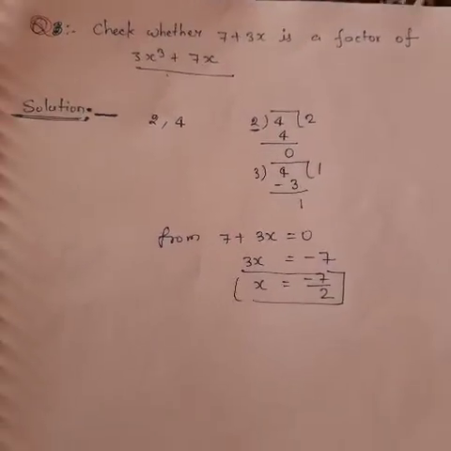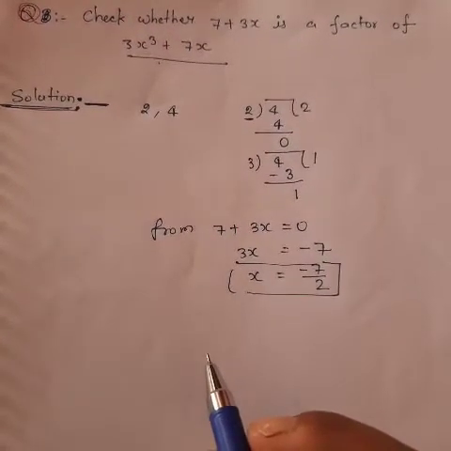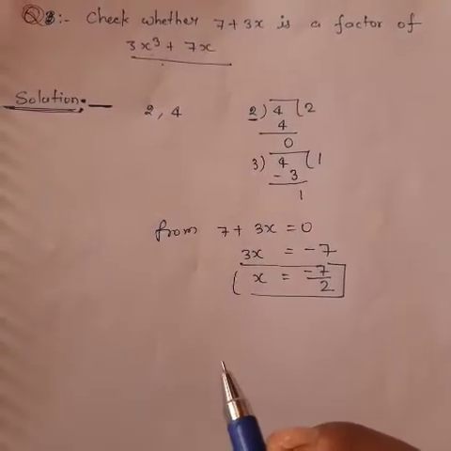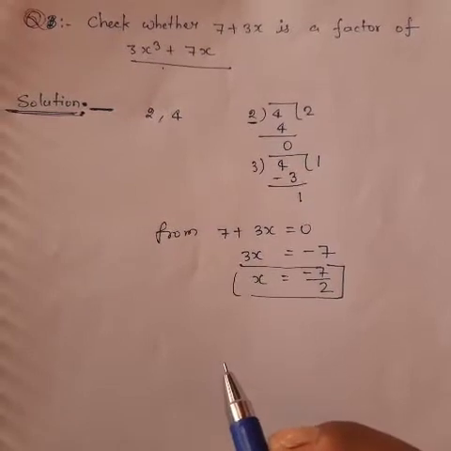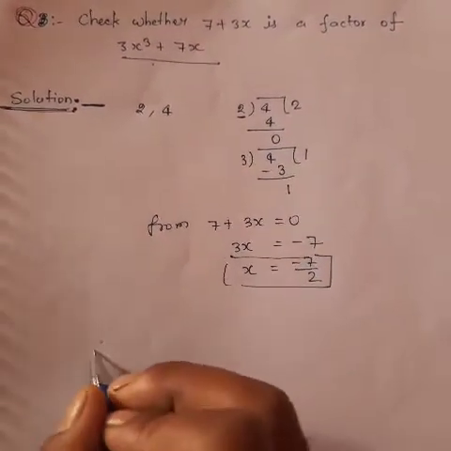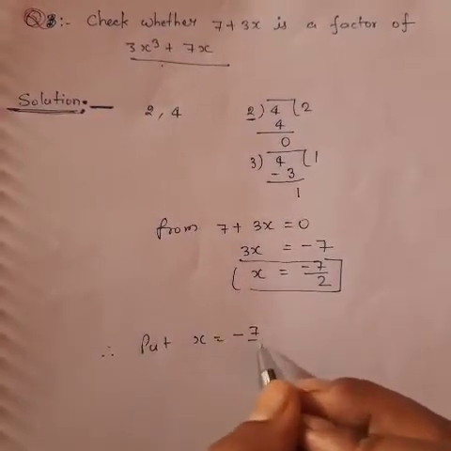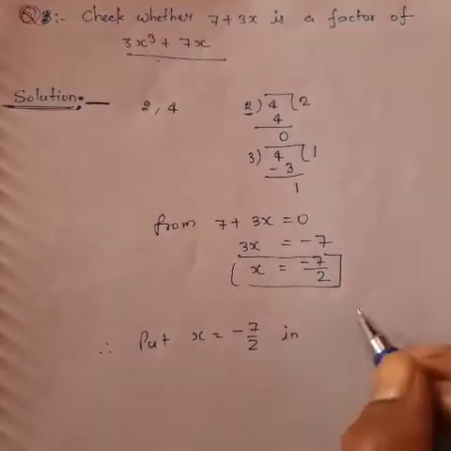If we do not get remainder 0, it means 7 plus 3x is not a factor of the given polynomial. But if we find the solution as 0, then we will write that 7 plus 3x is a factor. Therefore, put x equals minus 7 upon 3 in the given polynomial.